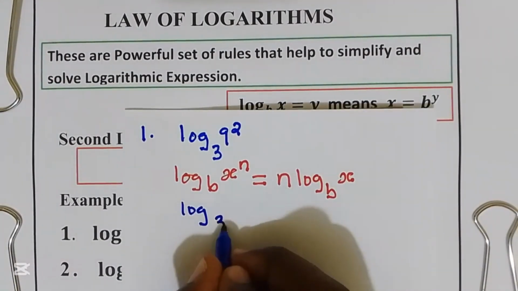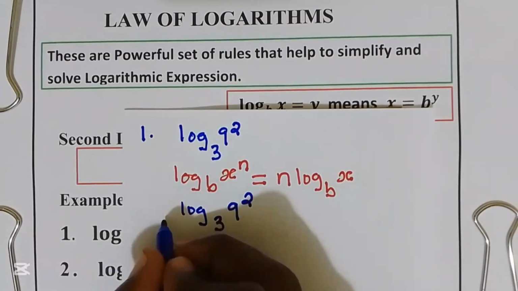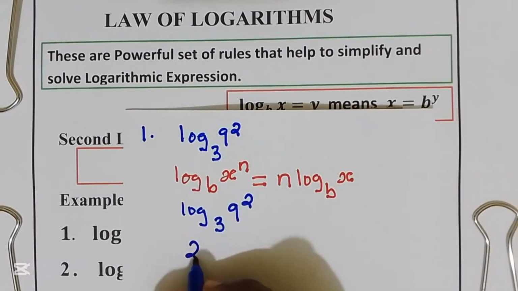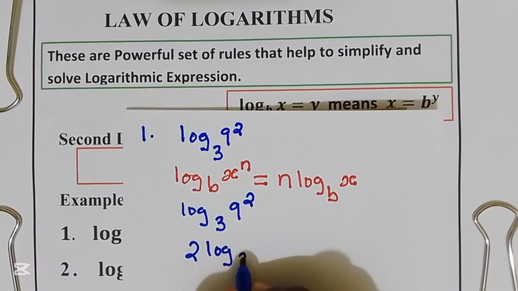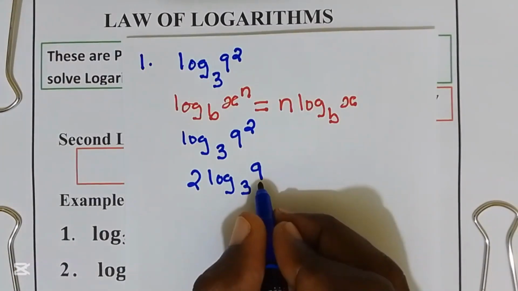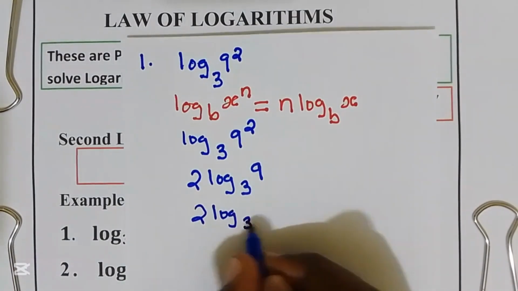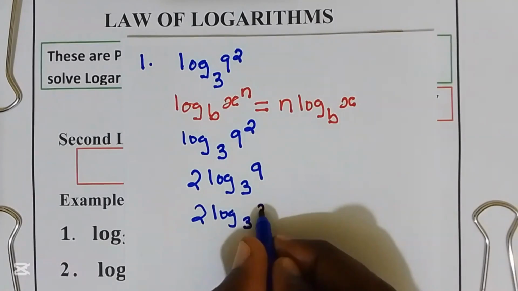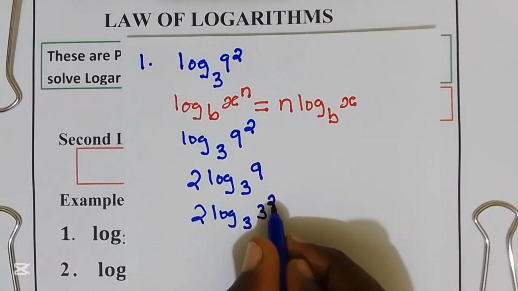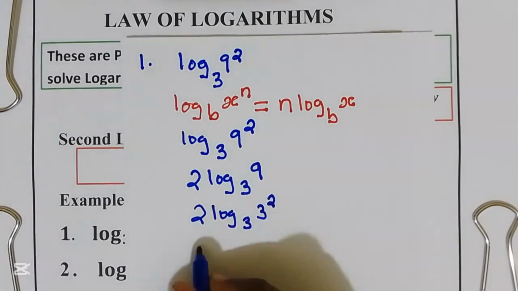Log base 3 of 9 squared, I'm going to drop the power in front of the log, that is going to be 2 log base 3 of 9. But again I can put 9 into power form, that is 2 log base 3, 9 is the same as 3 squared. Again I'm going to drop 2 in front of the log, so I'm going to multiply.